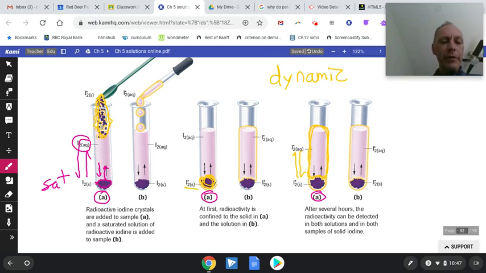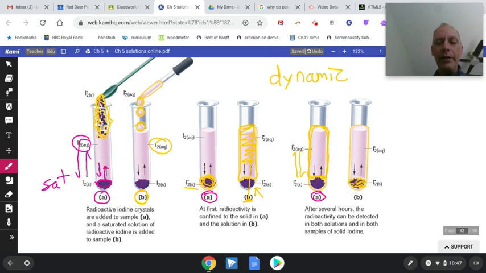Okay, experiment number 2. So now we're going to look at test tube number B. This time they're adding radioactive solution. So the aqueous part is radioactive. So over time, you can see that now this is all radioactive, the solution. But the solid is not. However, if you leave it long enough, you can see the solid also becomes radioactive.